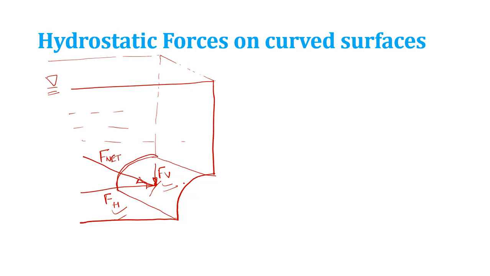To evaluate Fv, I'll draw a side view of this diagram. If I draw the side view, it will look like this. Side view, or I can say front view, right? And it will be filled with water.